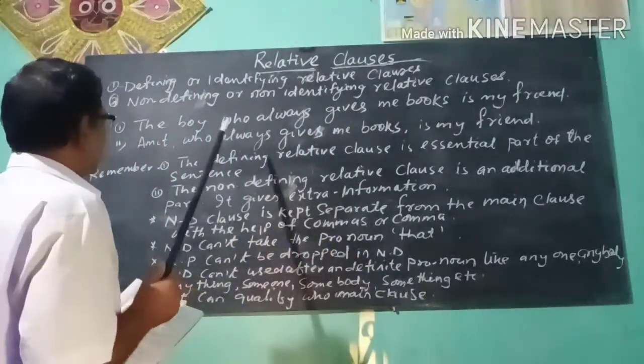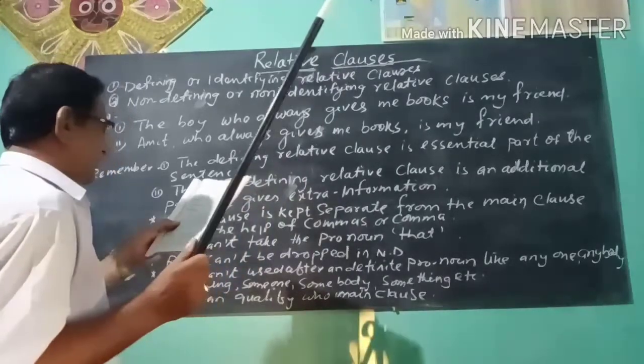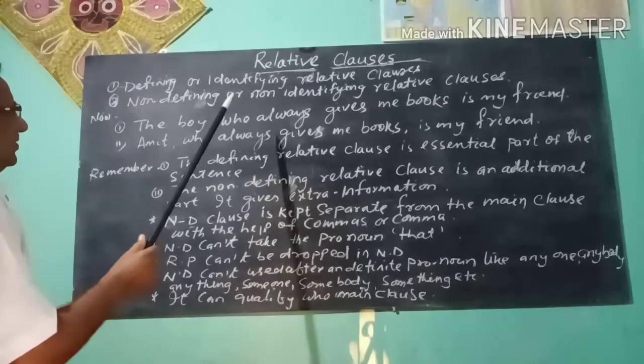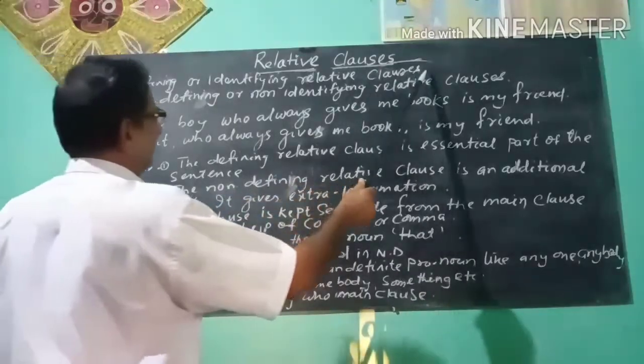So this type of relative clause is called defining or identifying relative clauses.